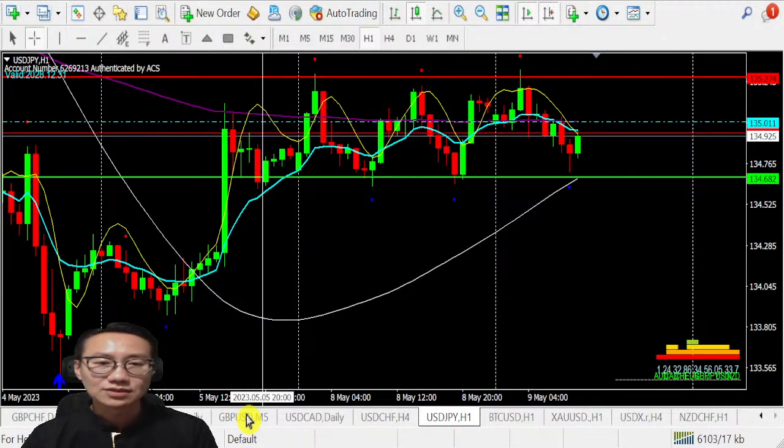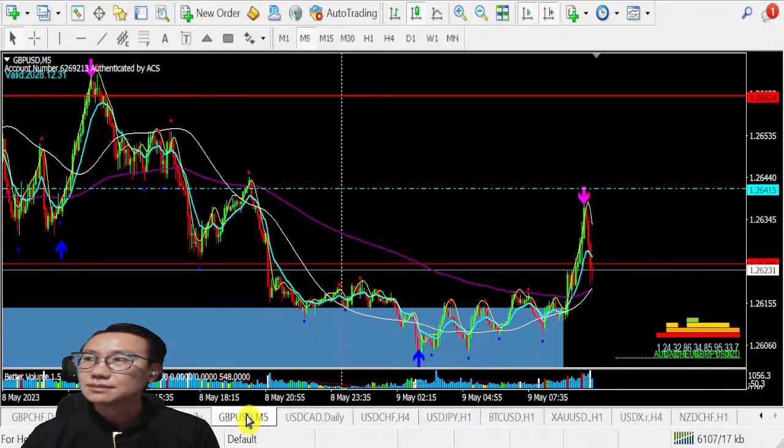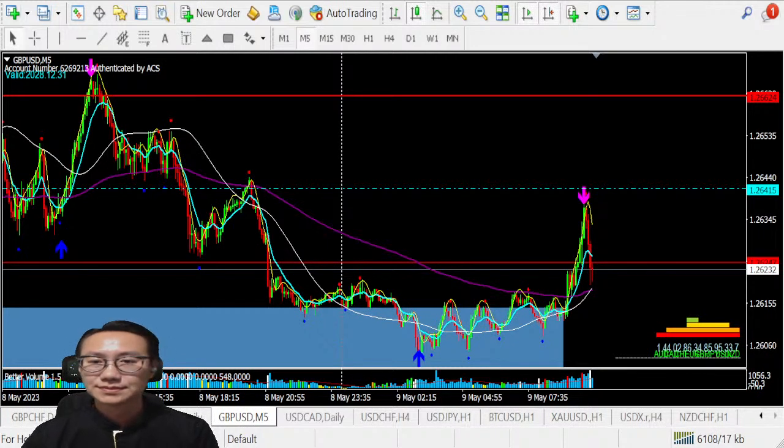Pound dollar may start to sell now. Okay, let's take a look at pound dollar. Pound dollar over here.